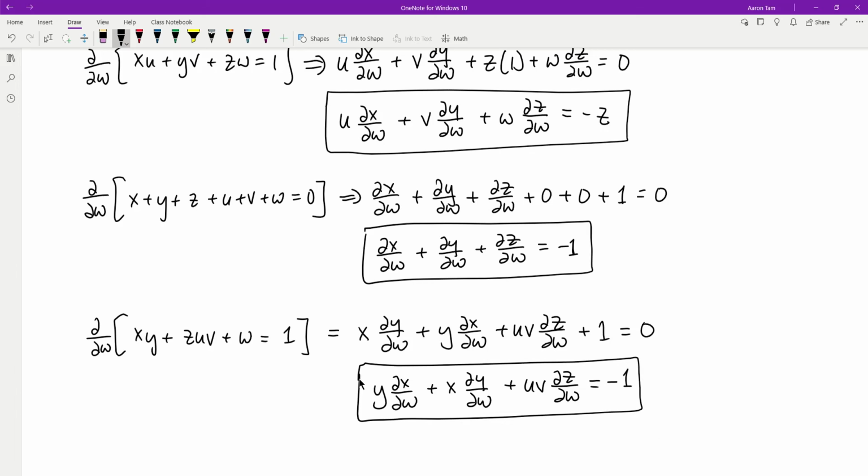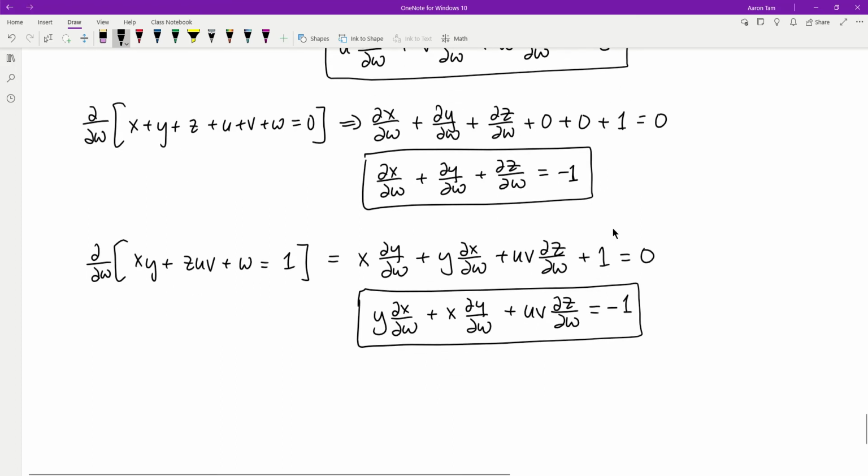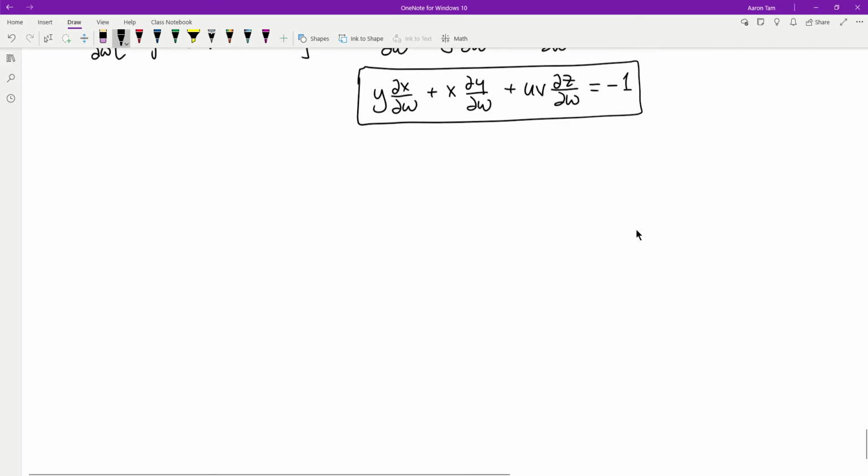And so now I have these three equations. Now it's just a matter of putting it into matrix form. To do that, I'm going to simply line them up and then identify my coefficient matrix and my right side matrix. It's actually pretty simple. So I'm going to put these three equations together. If I combine them, I'll have u dx dw plus v dy dw plus w dz dw equal to negative z.